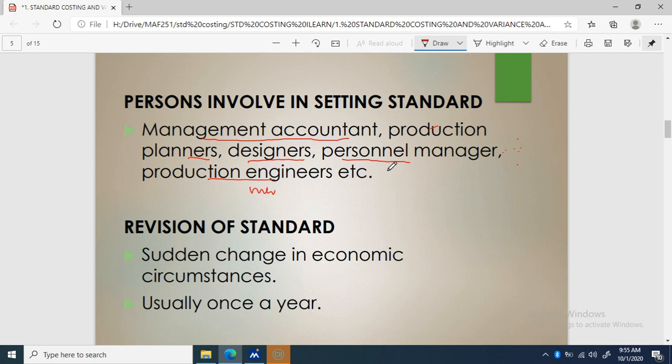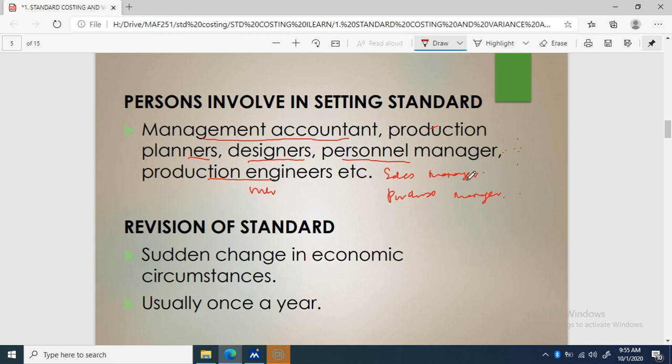Then we can also have the sales manager, to set the target standard sales selling price. We have the purchase manager, who sets the quantity of material, the quality of material to be used, how much the price of material is, and so on.